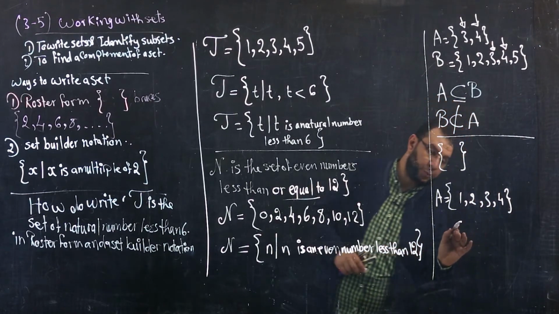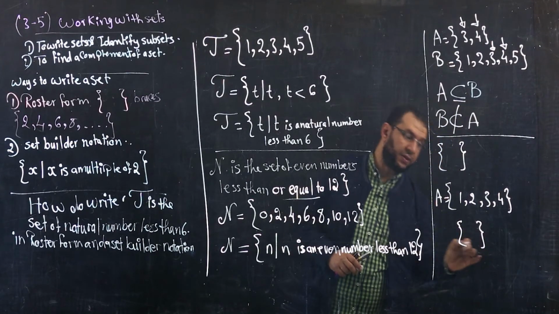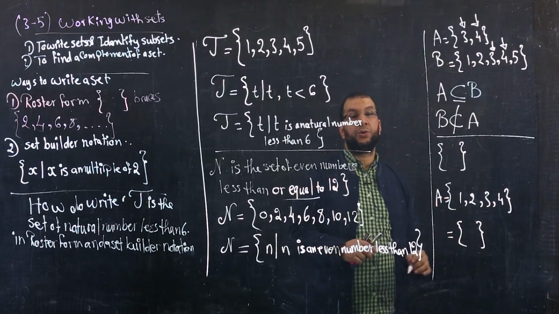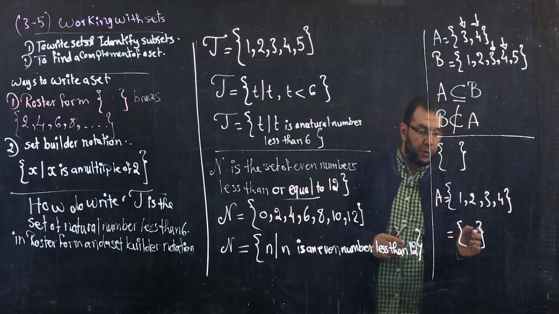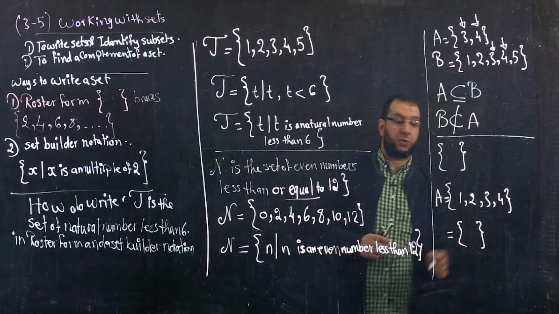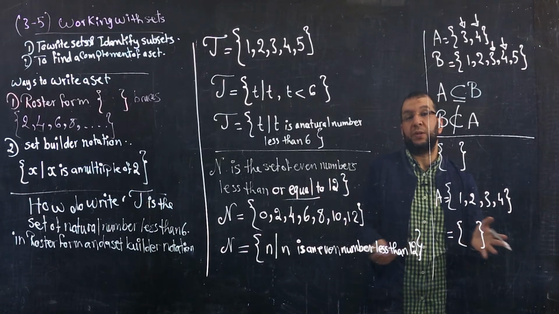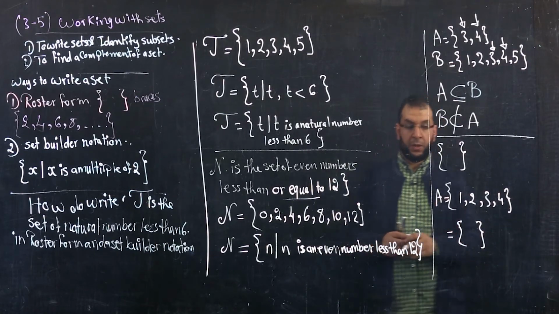And I ask you to put the answers inside this set. You will say none of these numbers is greater than 5. So we will leave it empty like this. So the empty set is the set with no elements at all.